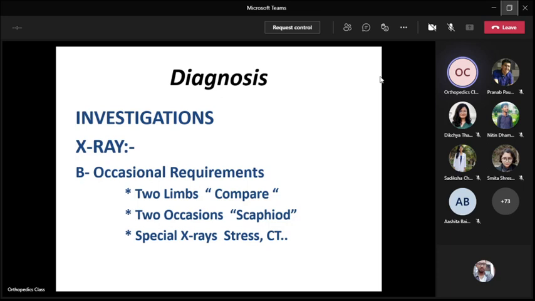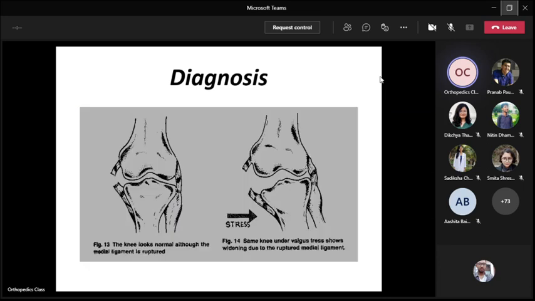But nowadays, with new advances like CT scan and MRI, it's not done, but you should know, if you don't have a CT and other, a stress view is also a way which can give you an idea regarding fractures of the bones near the joints. So like in this example, just see, this is an X-ray of the knee joint.